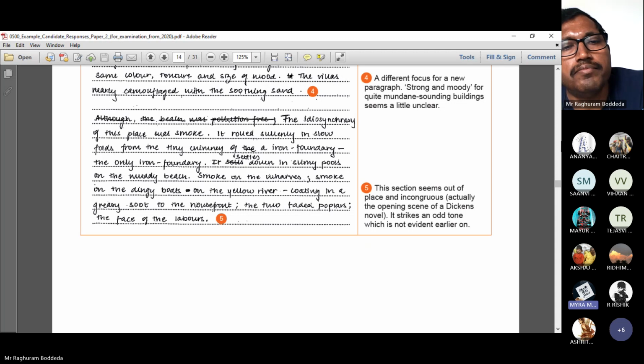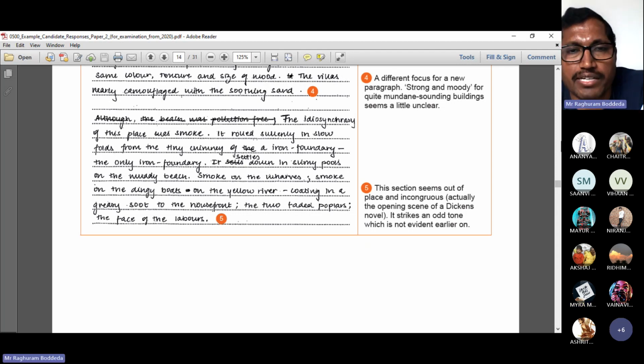It settles down in slimy pools on the muddy beach. Smoke on the wharves, smoke on the dingy boats on the Yellow River, waiting in a greasy suit to the house front. The two faded poplars, the face of the labours. Okay. Now you tell me.